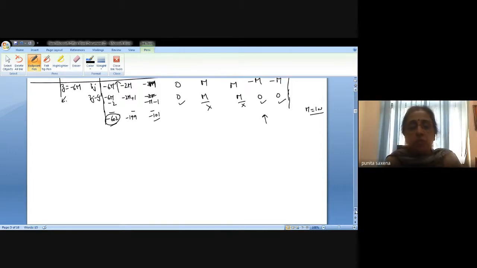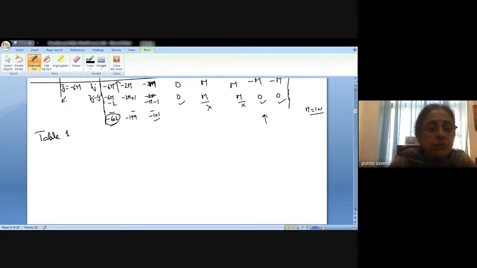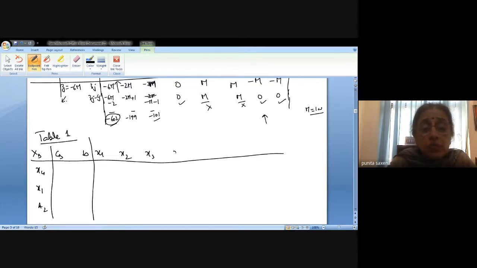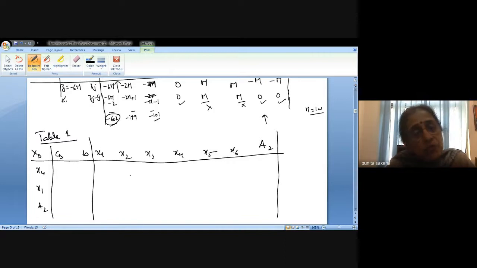So now move over to table 1 as before. When you make table 1, only x4, x1, a2, these three remain, right? And when you make the columns here, x1, x2, x3, x4, x5, x6, now I will not write a1, I don't need it, because it will never come back into the basis.